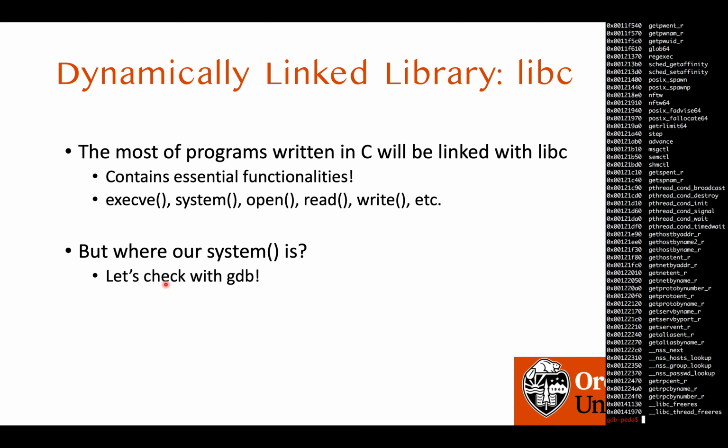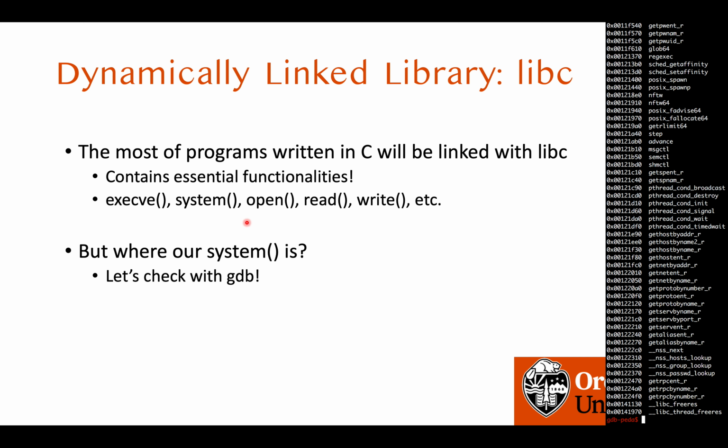This dynamic library, libc, includes all the functionalities of standard C and others, such as execve, system, open, read, and write. You can find all these functions. Then, if you know the address of one, you can return to any kind of function in libc.